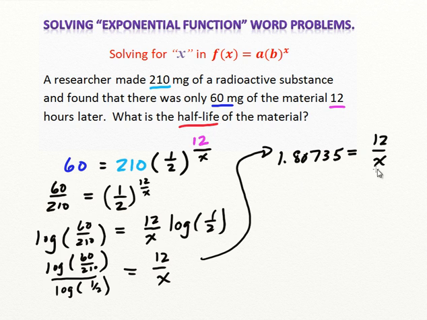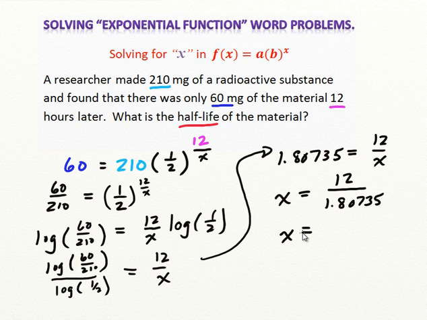To solve for x, first I'm going to move x up to the left side with multiplication, so I would get 1.80735 times x, and then I divide both sides by 1.80735, which moves it underneath the 12. So I will be left with x equals 12 divided by 1.80735.